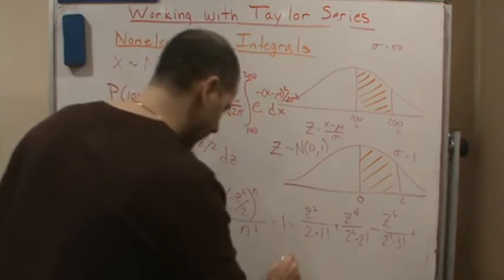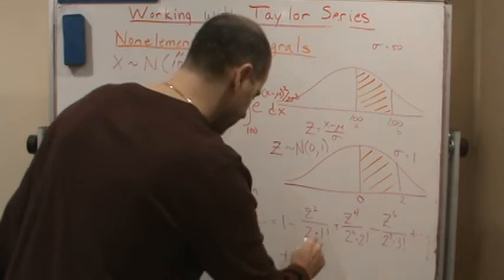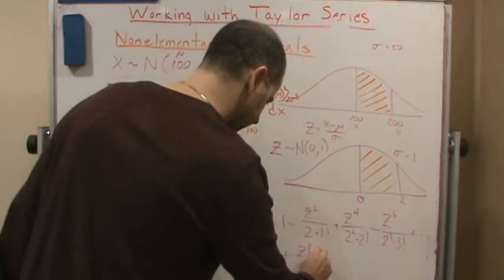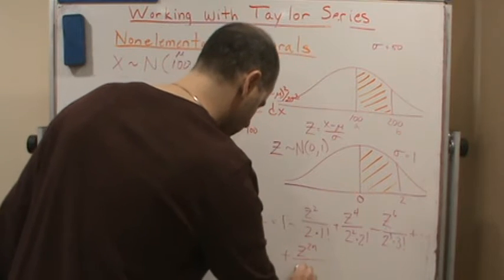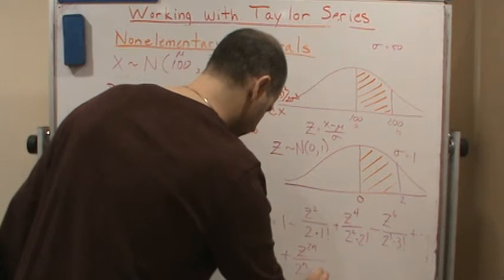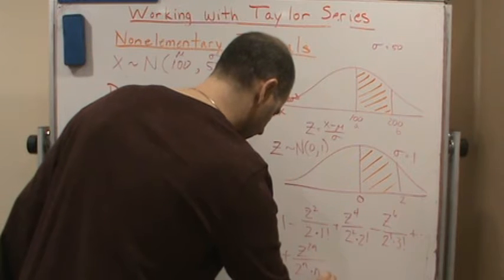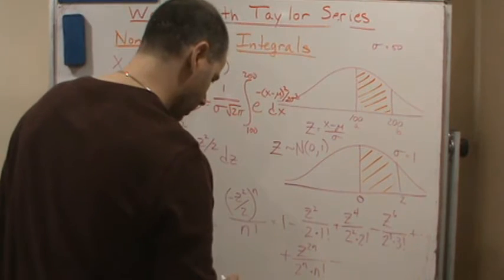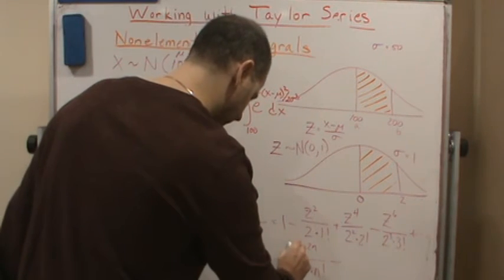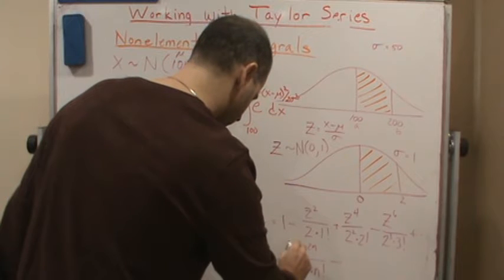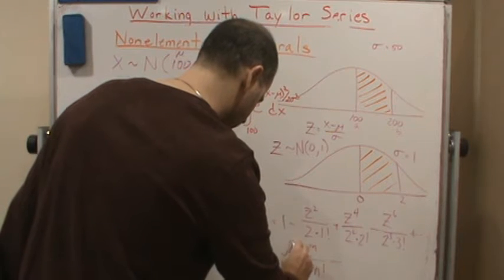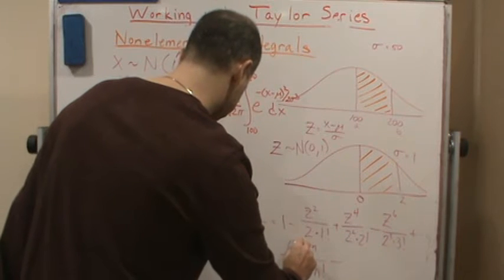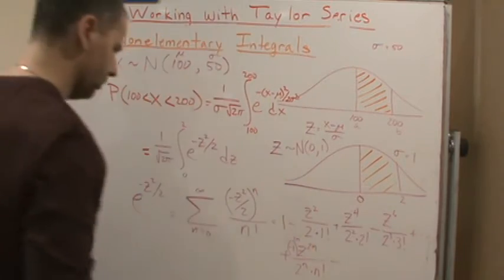The nth term is then going to be z to the 2n over 2 to the n times n factorial, and then it continues on. Oh, wait a minute, there should be a minus 1 here. Minus 1 to the 2n? Hold on.